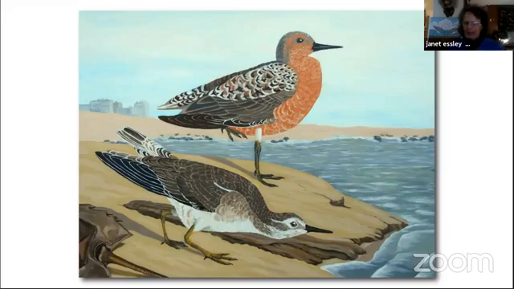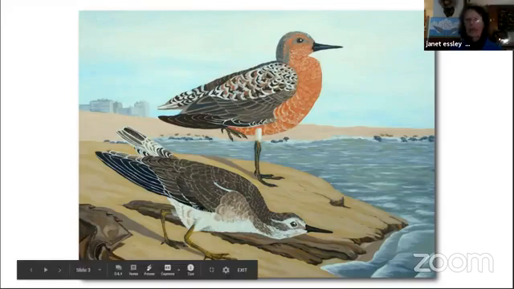Because we have a style of John James Audubon, who was a resident of Pennsylvania, this painting locates us near Delaware Bay, one of the major migration stopover points of red knots and a variety of other migrating birds on the Atlantic coast. The red knot in breeding plumage is an adult.